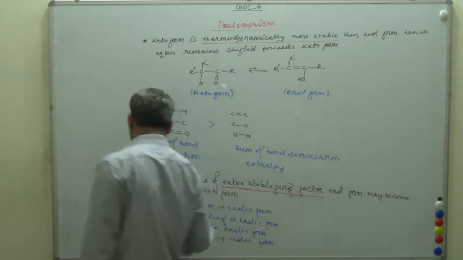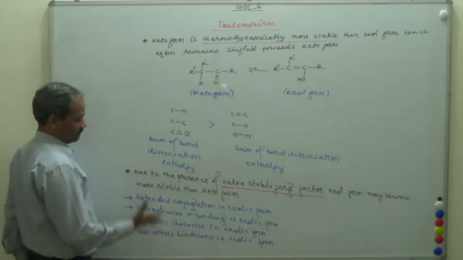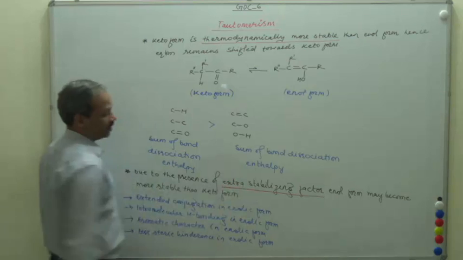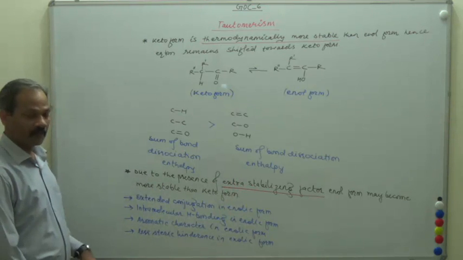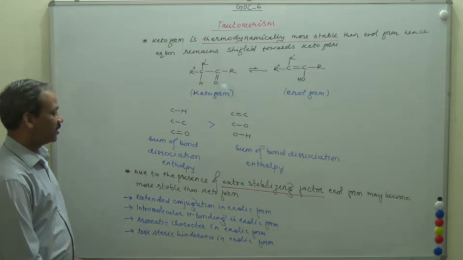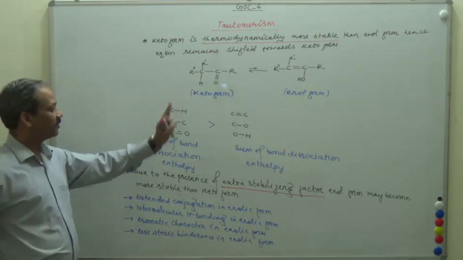So if any one of them is present in enolic form, then enolic form will be stabilized much more than that of keto form, and its percentage will become greater than that of keto form.